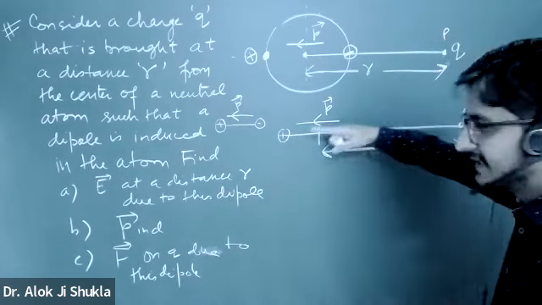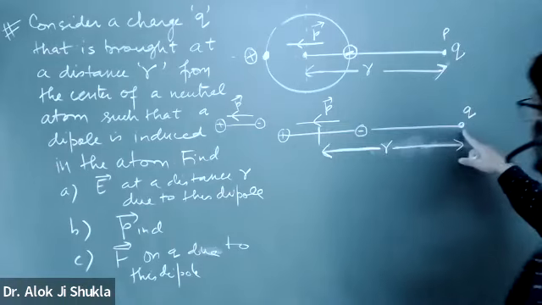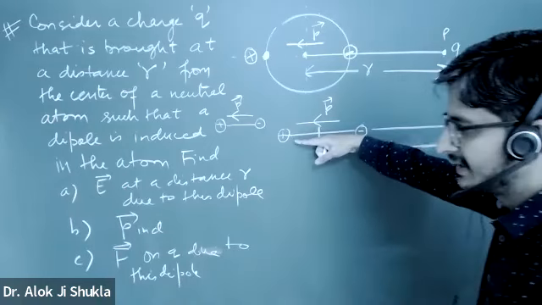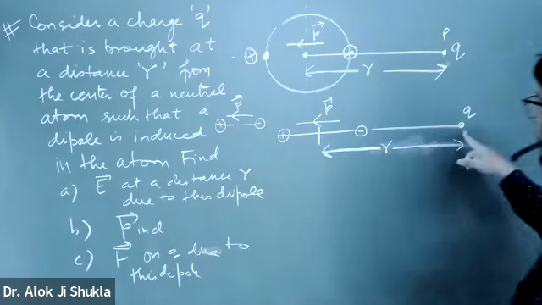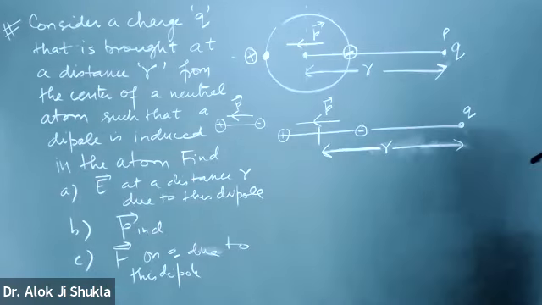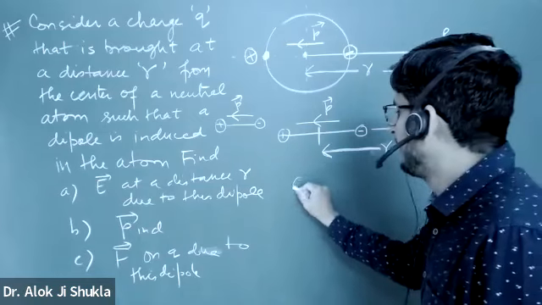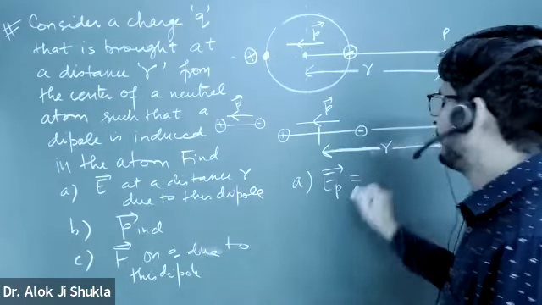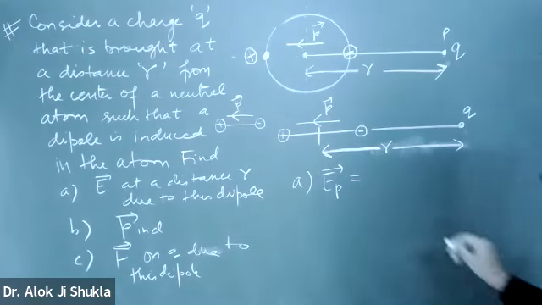अब प्लीज सी, this is a dipole and I want to write the electric field here. Yes, because this dipole is created, I can write the electric field. The first question is what? Electric field at distance r due to the dipole. So electric field at P they want. What is the formula? You remember?